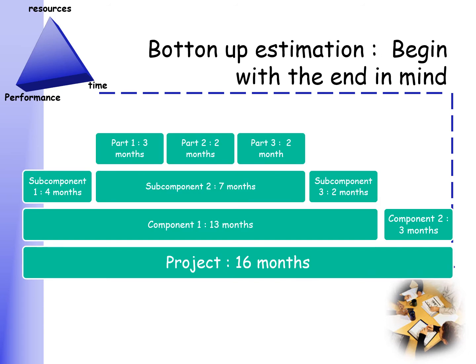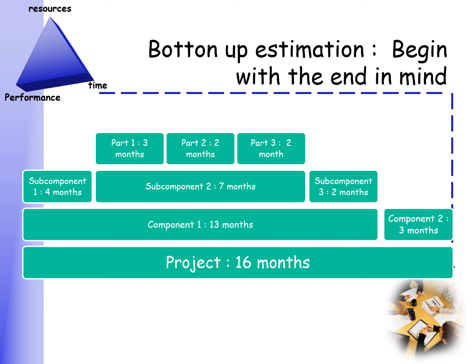Okay, so this slide is a visual representation of how bottom-up estimation works. The idea here, like I said in the previous slide, is you directly ask the people who will be responsible for doing that activity or work package and ask them directly how long it will take.